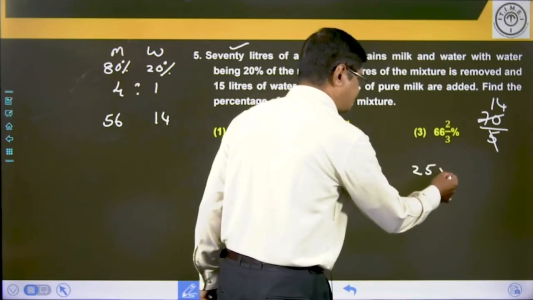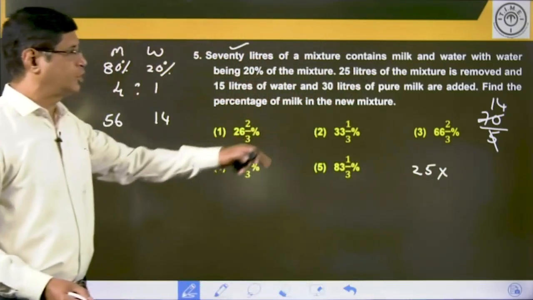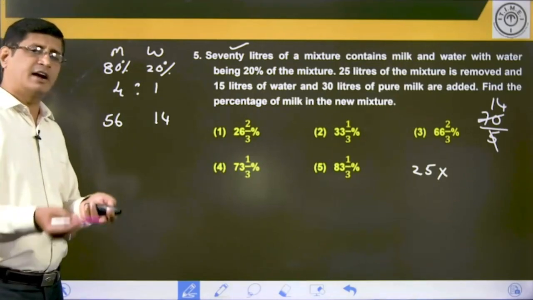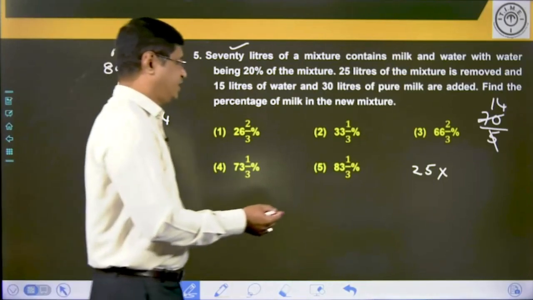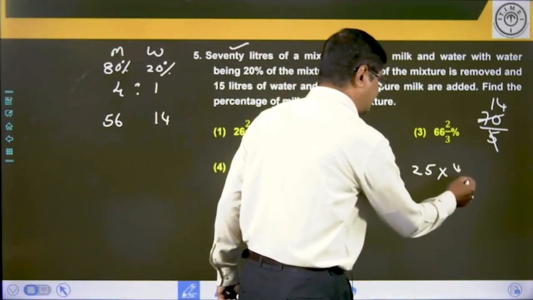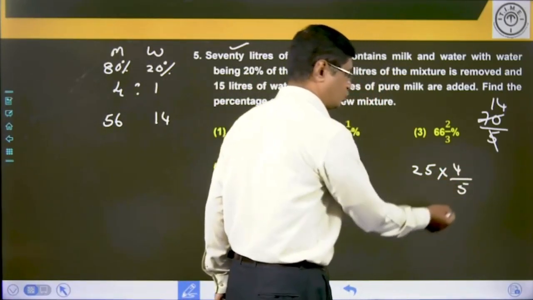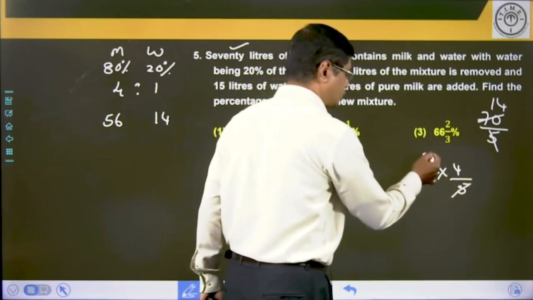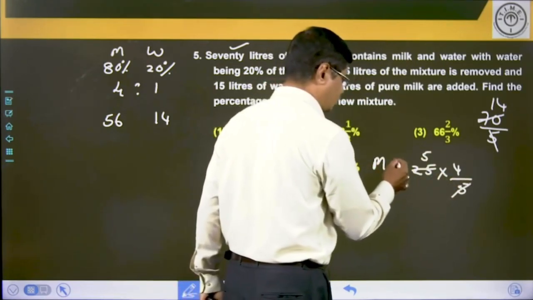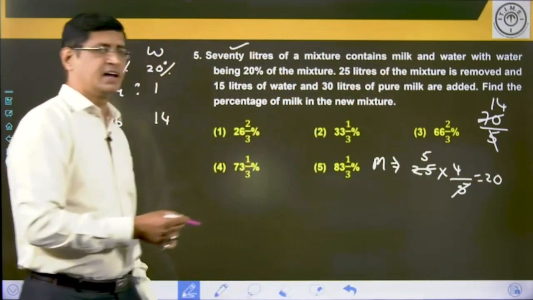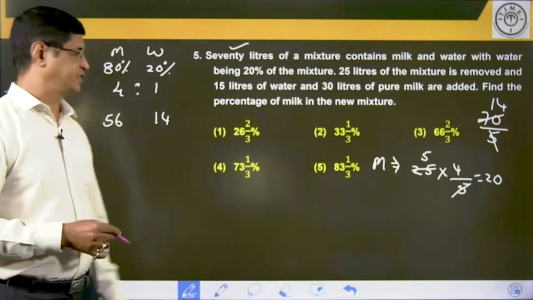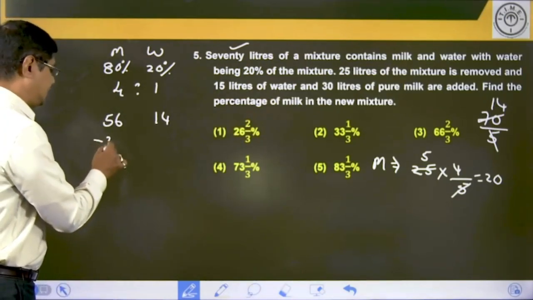So when 25 liters of mixture is removed, in that 25 liters, how much is the milk and how much is the water? That is in the 4:1 ratio. So let me try here. Now milk, that is 4 by the sum of the ratios. Simplify. It was how many times? 5 times. So what is the milk here? In 25 liters of a mixture, 20 liters of milk is present. So subtract 20 liters of milk.